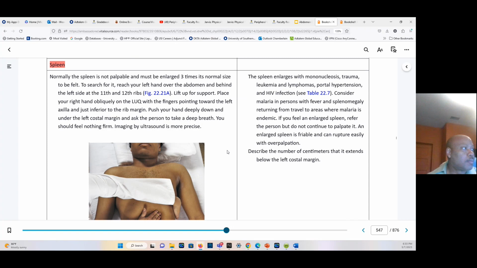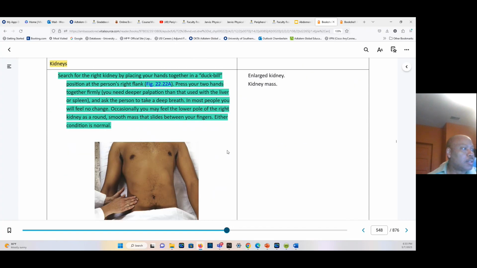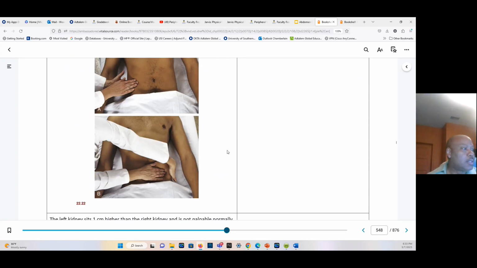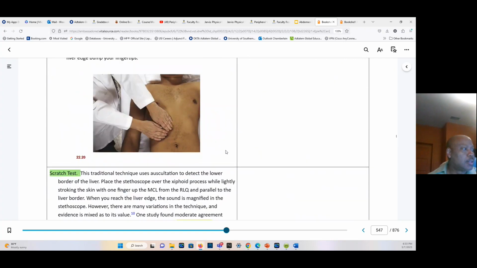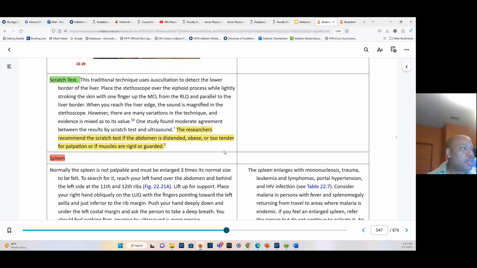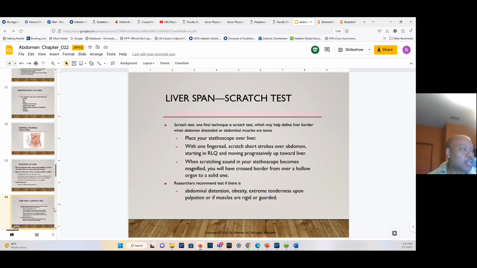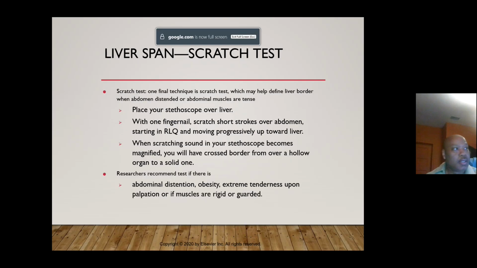That's actually about the spleen. Maybe it doesn't have it. Yeah, it doesn't have an example, but anyway, we can always get the description of it.